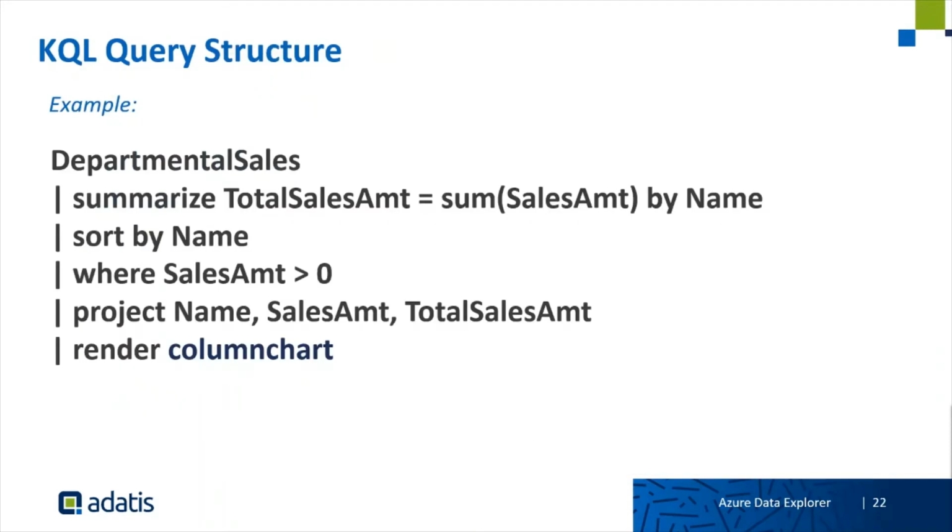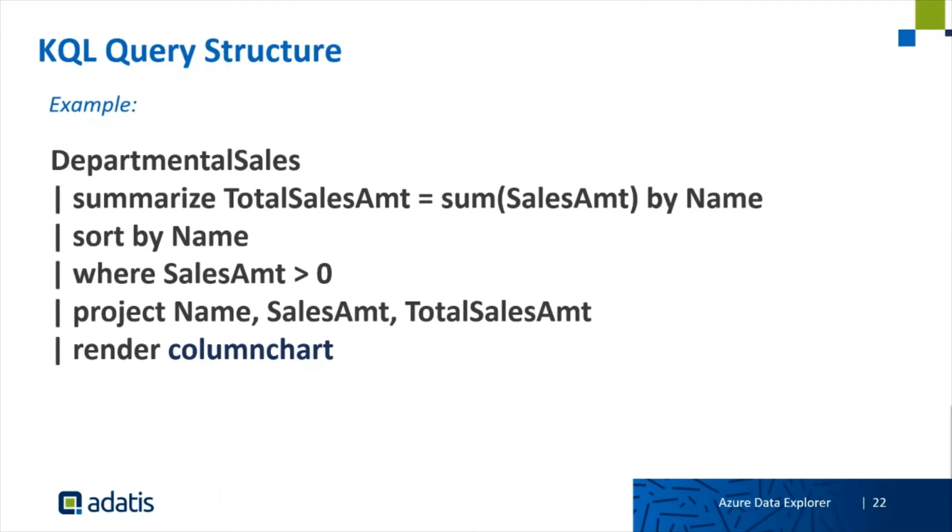So just to give you an idea of the KQL query structure, let's imagine we have a particular table which is named departmental sales, which holds the sales for each department within the company. And we need to summarize that data and be able to get a total amount of sales by each department name, right?